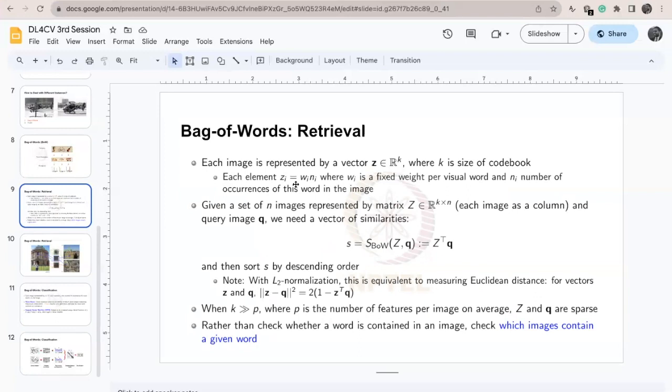As I was saying, each of the codebook elements is given a weight. Let's say we have an image of a person.